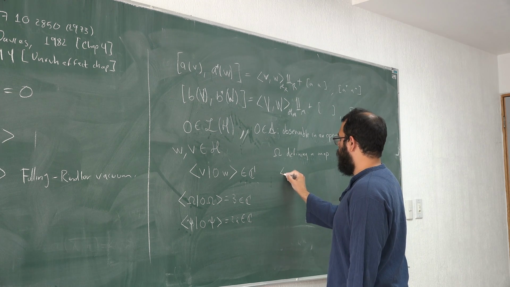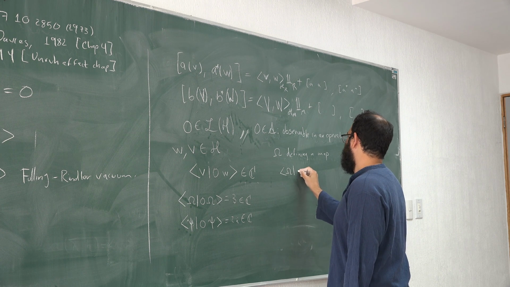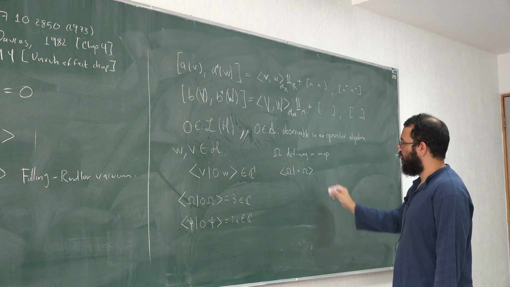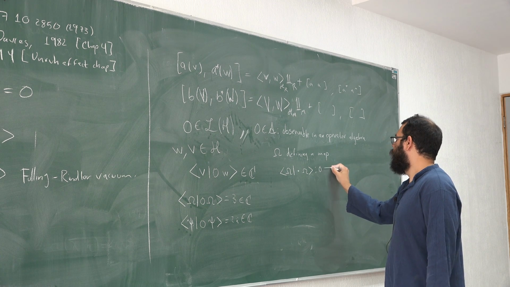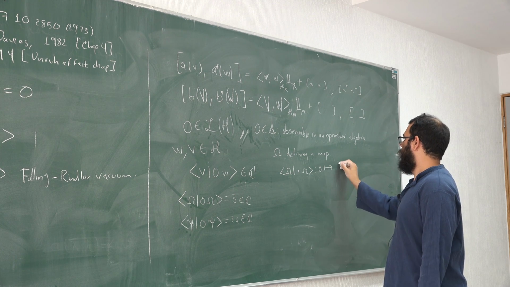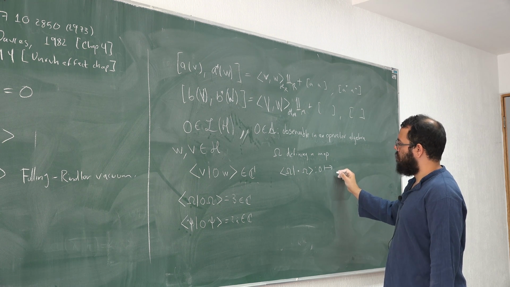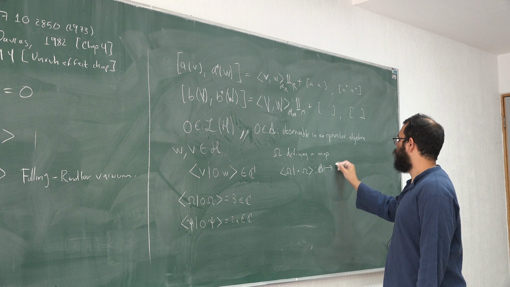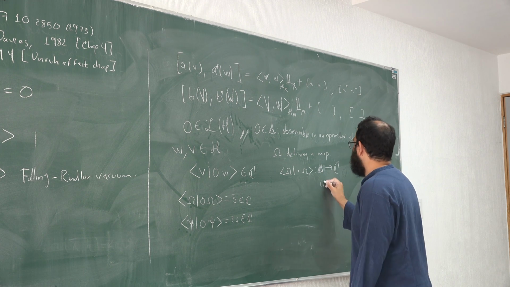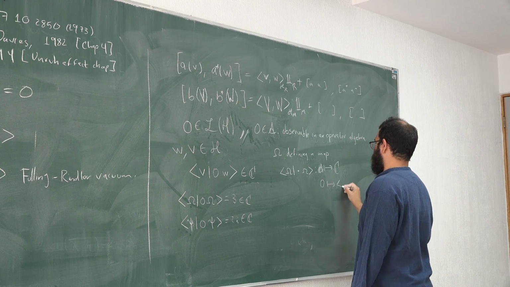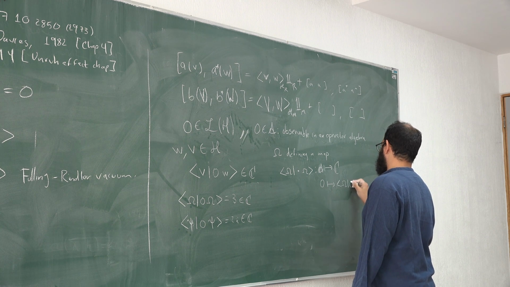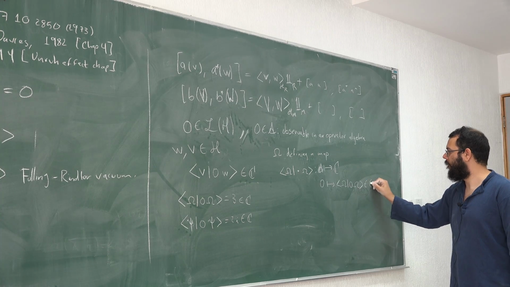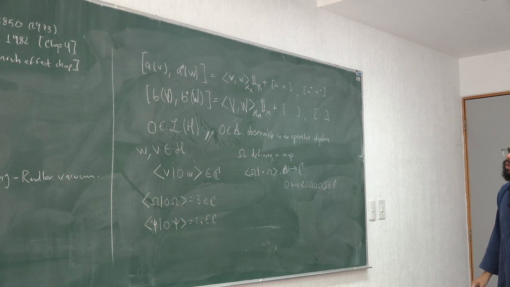The map which goes from this algebra of observables to C and takes O and gives me that in C.